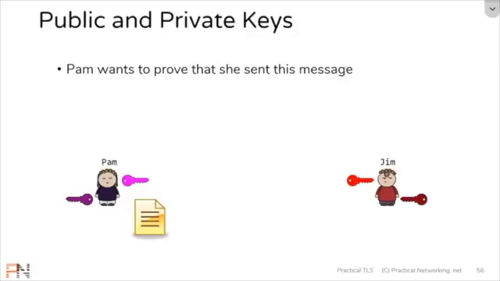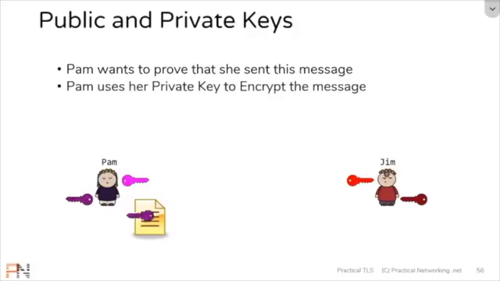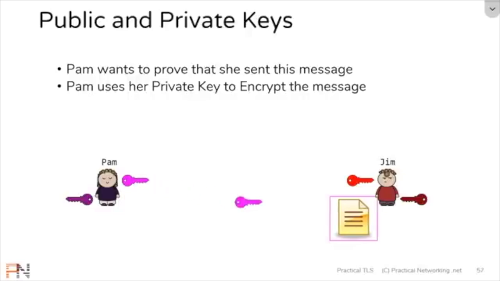What she can do is use her own private key to encrypt that message. Now, the only key in the world that can decrypt that would be her public key, which Jim has and anybody else has because it's a public key. So this can get sent across the wire, and then Jim can decrypt that message using Pam's public key.